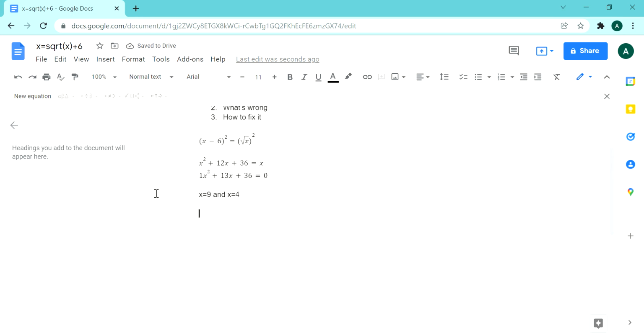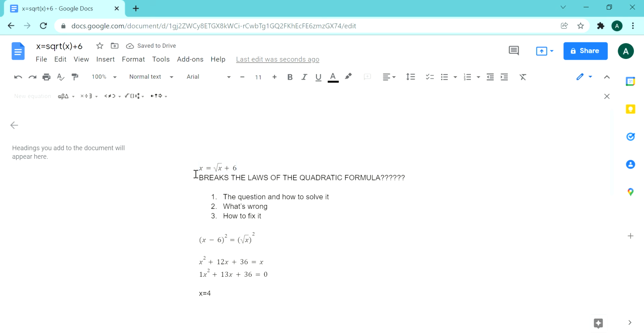But if we plug in x equals 4, that brings us to step 2, what's wrong. Let's just test x equals 4. So let's go up here.